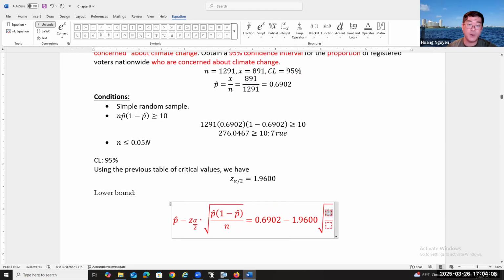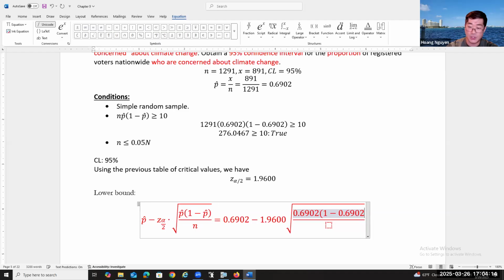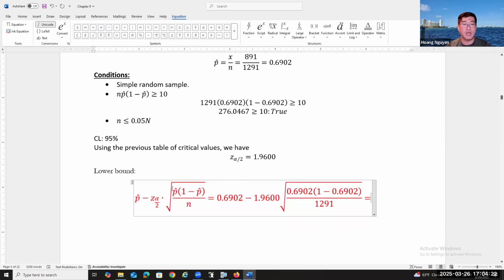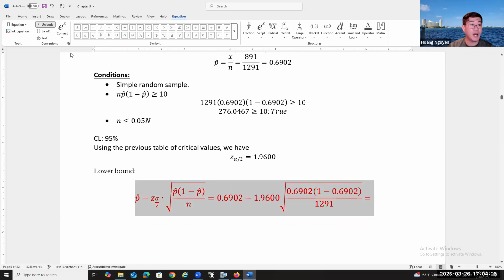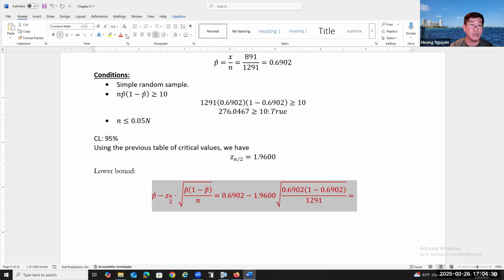On the numerator, we have p hat again 0.6902, 1 minus 0.6902, divided by the sample size n, which is 1,291. Okay. So this is going to be the calculation for the lower bound. Okay. So you might give it a try, everyone. Plug this calculation into your calculator to see what the answer is for the lower bound.